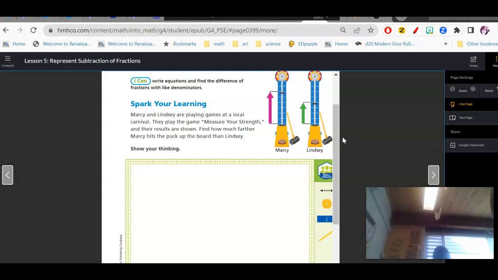Now we need to show, we're going to put a dot where Lindsay should be. So where should we have a dot for Lindsay? Lindsay should be at 3. 1, 2, 3, 4. 4, not 3. So Lindsay should be at 4, right? So 1, 2, 3, 4 eighths. There's Lindsay, right? And then Marcy. And where's Marcy's at? 4, 5, 6.